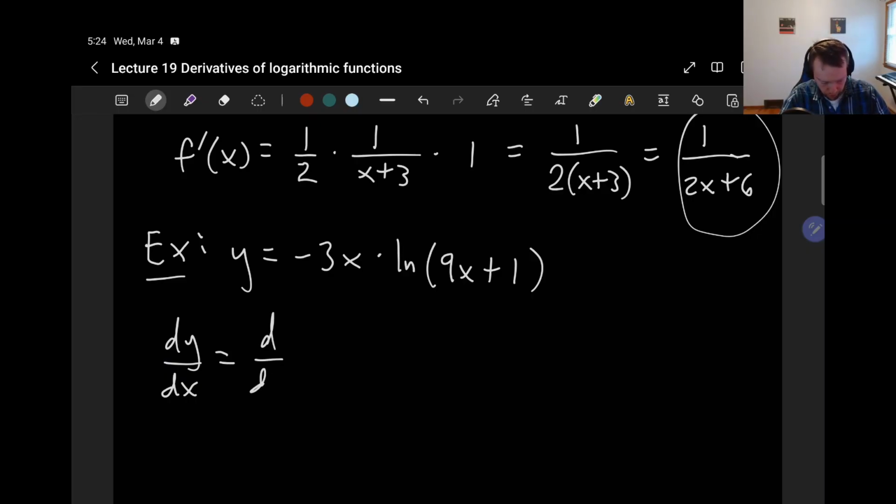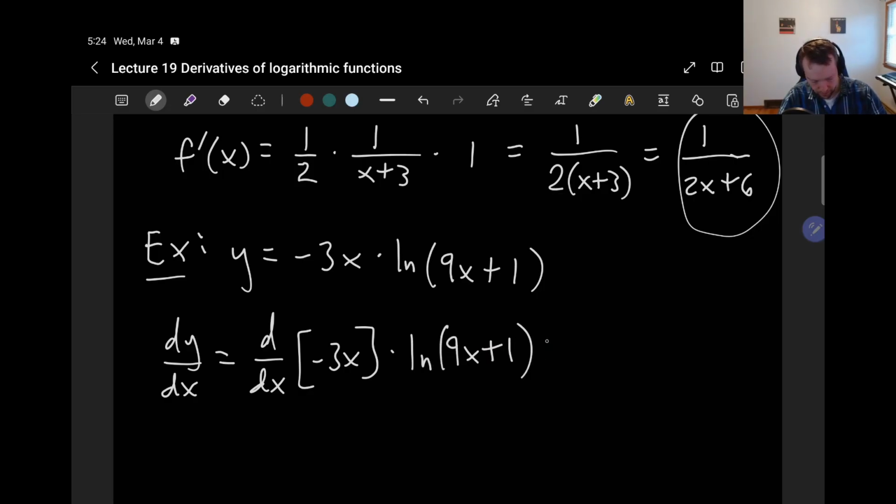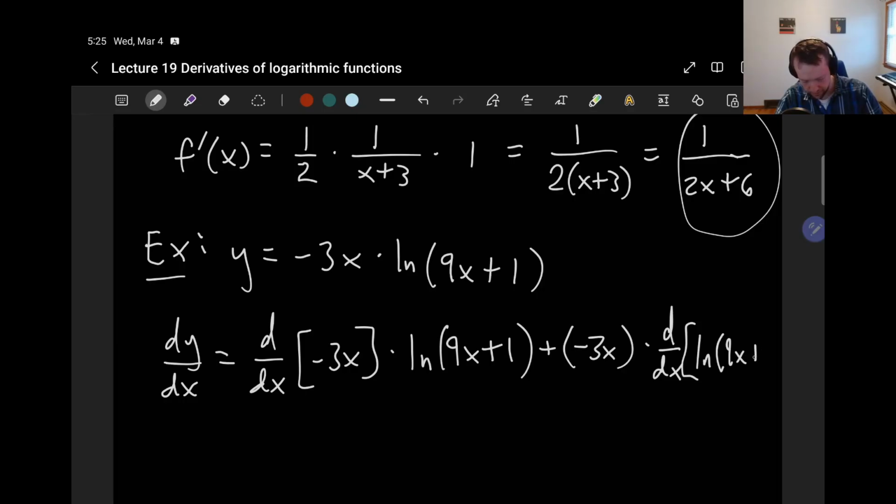And I'll show extra work. So derivative of the first one times, leave the second one alone, plus the reverse: leave the negative 3x alone, times the derivative of ln of 9x plus 1.